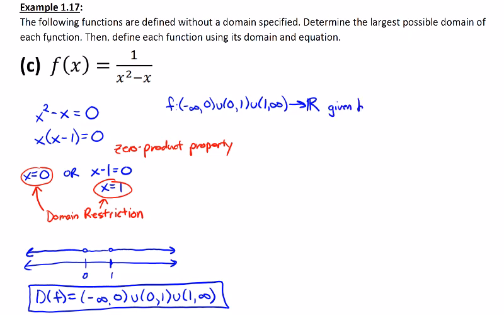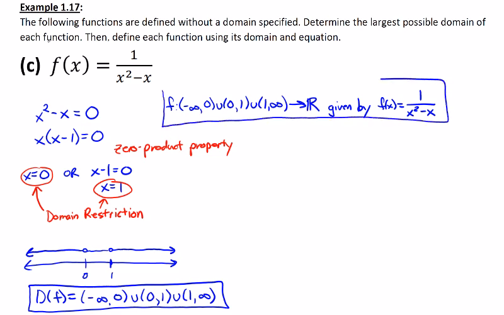And the way that we will create the map is by using the equation f of x equals 1 over x squared minus x. So let me say that again. There is always going to be two parts to defining a function. There is the domain, and there is the equation or the rule that describes how to be able to make the correspondence.